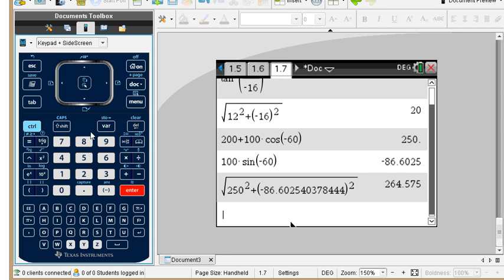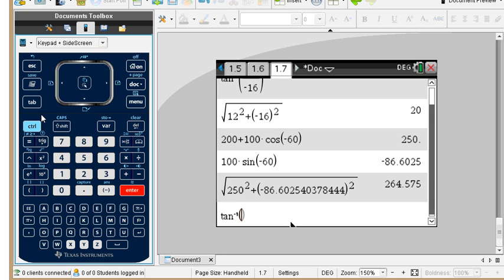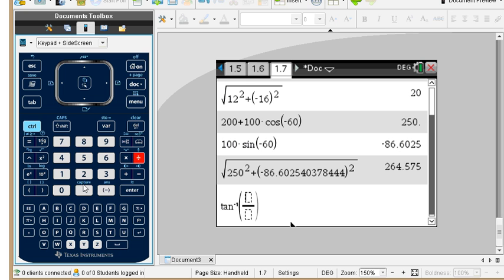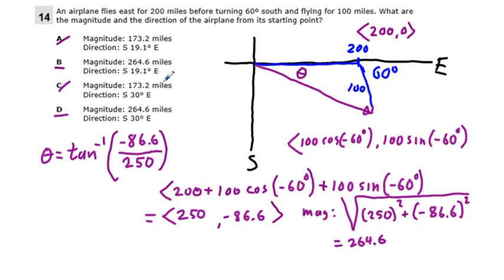So we go to our calculator, we go to inverse tangent of negative 86.6 over 250, and we get negative 19.1 degrees. So we go here, and that certainly is going to be our answer choice B between the two.